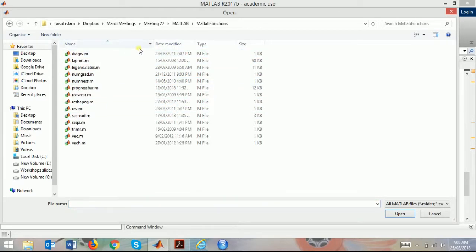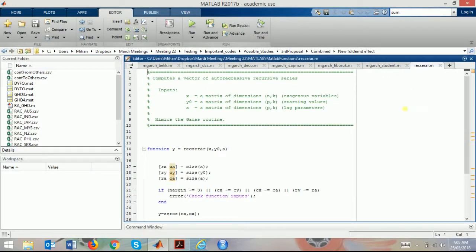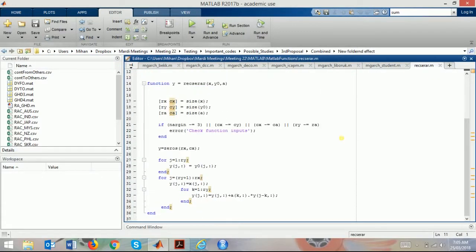MATLAB functions, Rexarer. Yeah, it's for recursive estimation. That's all that I can recall at this stage. Oh, thank God. So what are the inputs? X, Y naught, A. That's all we need to remember.